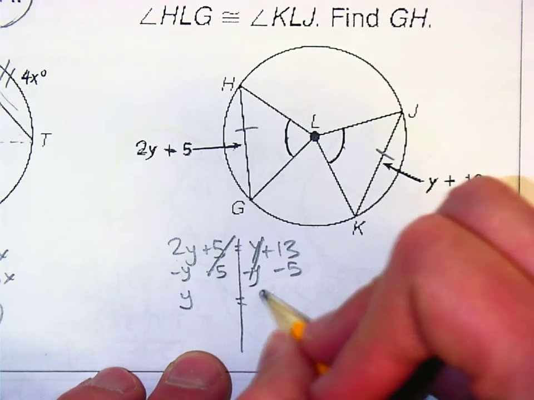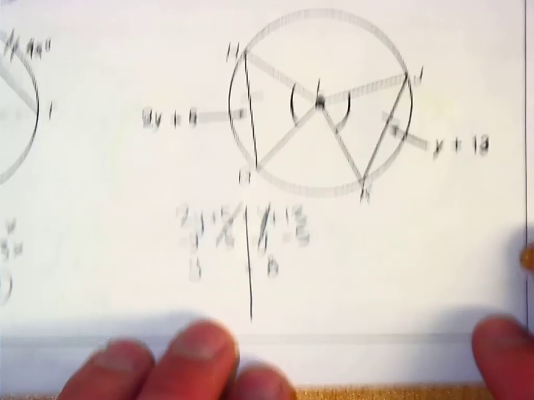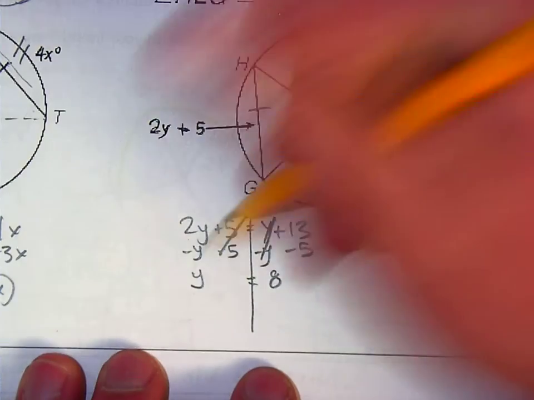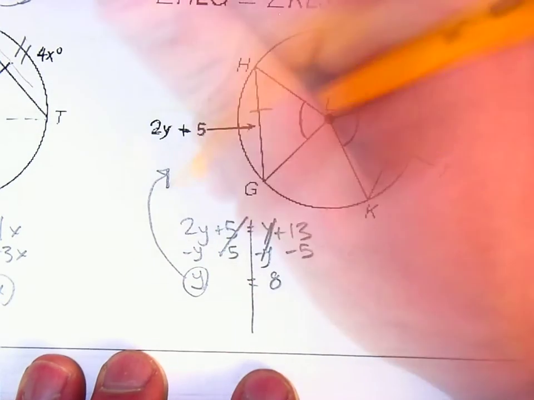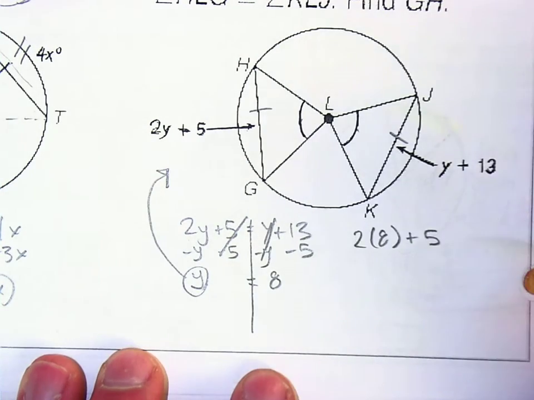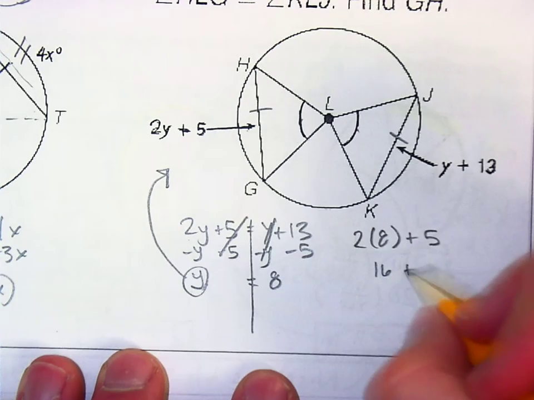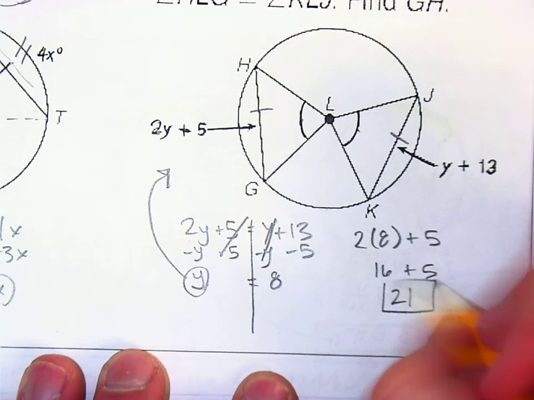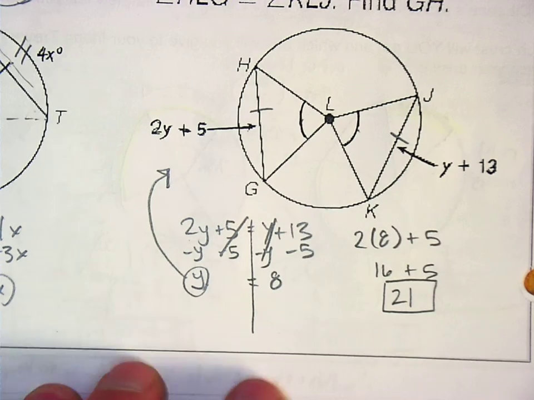So y equals 8. Okay, and they want GH, so I'm going to take that y and plug it back in. So 2 times 8 plus 5, which is 16 plus 5, which is 21. They didn't give us units on this one, so we don't need units.